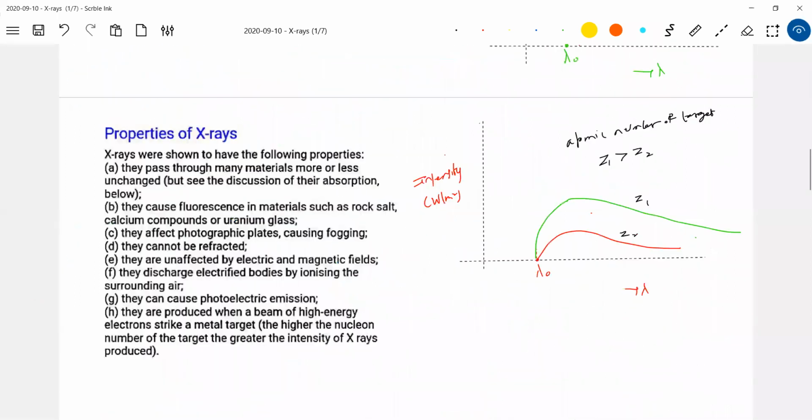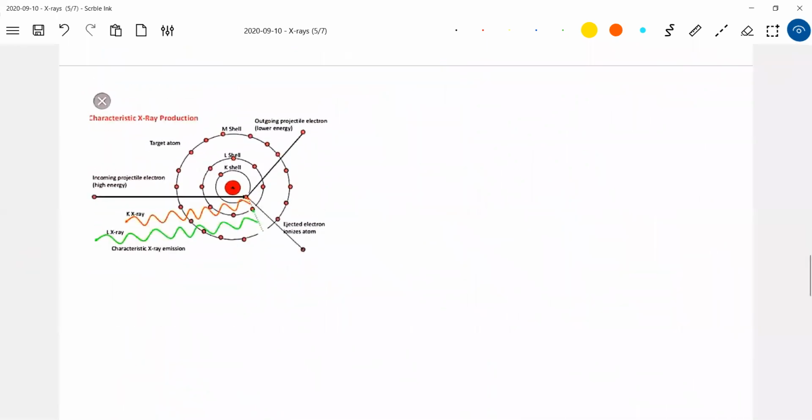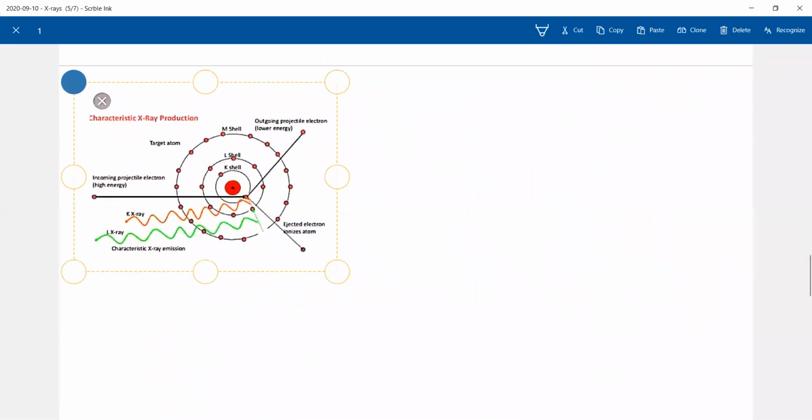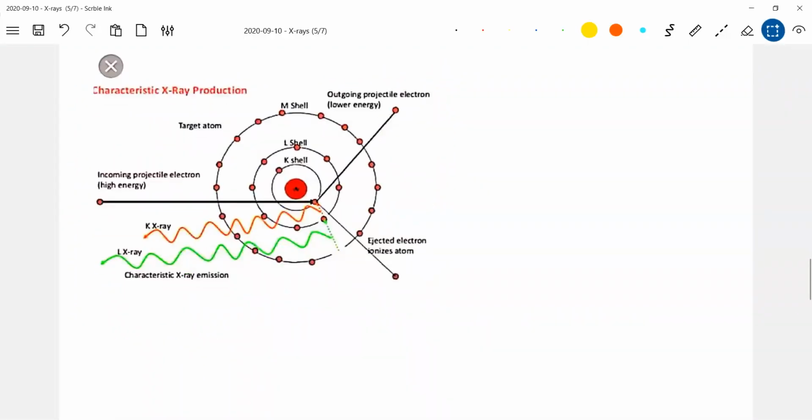So here I'll just show it. When the fast moving electron beam moves along its path, I'm just showing a straight line; in fact, it will move randomly like this. During its path, when it encounters an electron in the K shell, it will knock out that electron. So I'll draw a rough diagram.